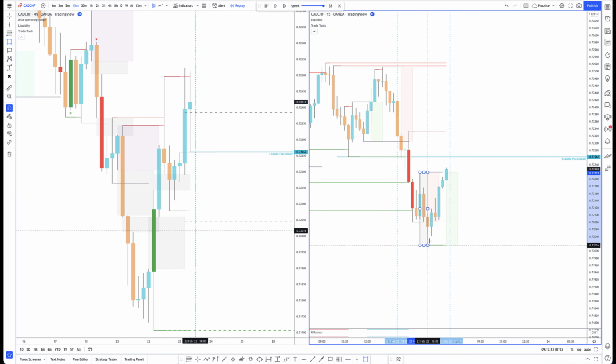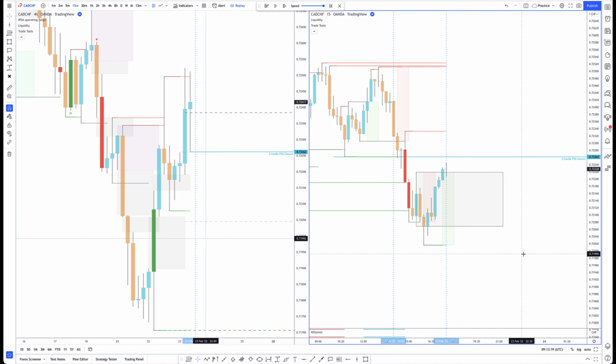Let's see what happens. Let's check out the next candle. So basically we have this fair value gap, we have this fair value gap, and we have this order block.